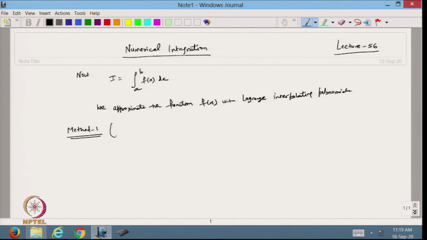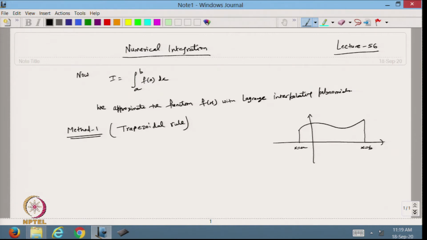And we call it the trapezoidal rule. In this case, suppose some function is given to me. This is x equal to a and this is x equal to b.